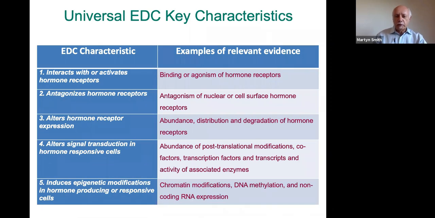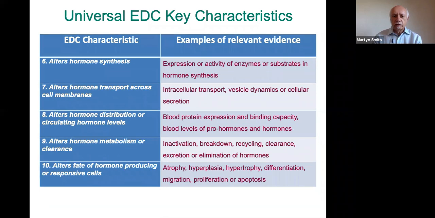The top 2 are kind of the obvious ones that everybody really thinks about with hormone receptors. They think about activation, particular agonism or antagonism to hormone receptors. There's also hormone receptor expression, of course, that could alter signal transduction in hormone responsive cells. Again, epigenetic modifications.